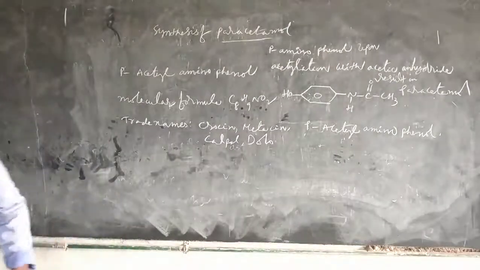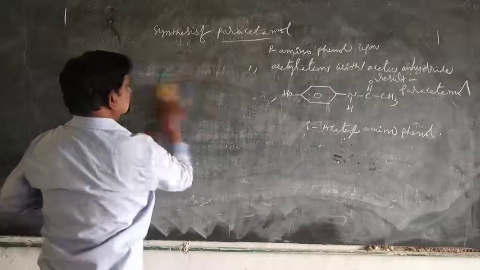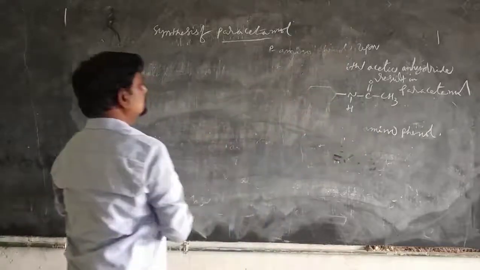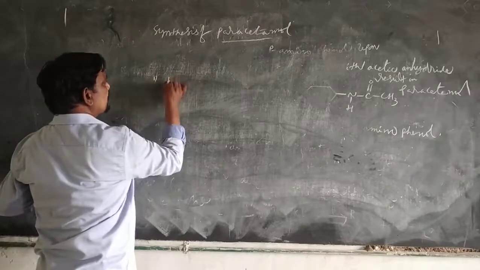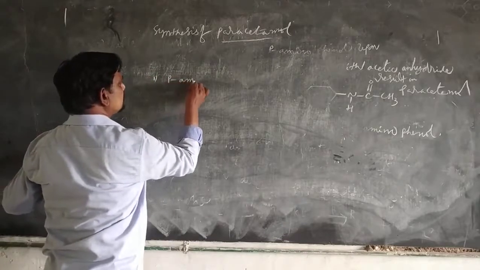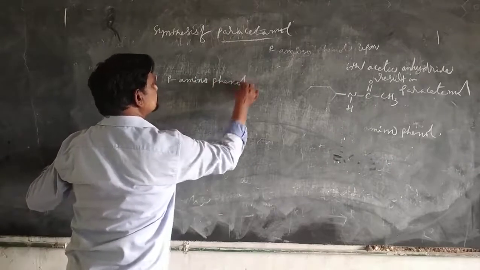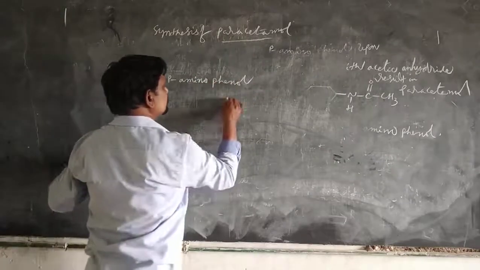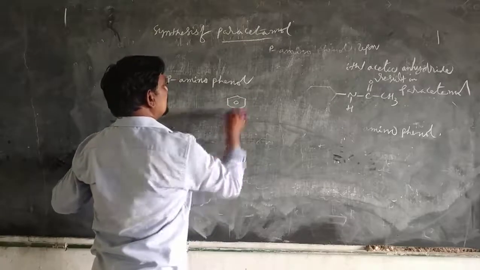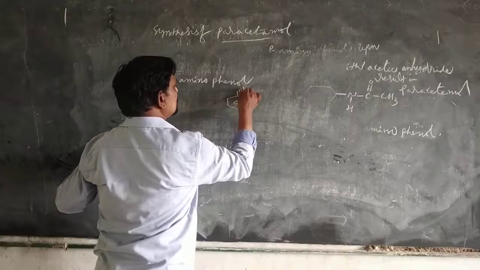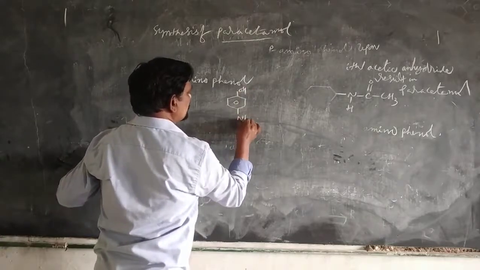So in paracetamol preparation, initially para-aminophenol. This is a benzene ring and attached OH group, and in the para position connected an amino group.